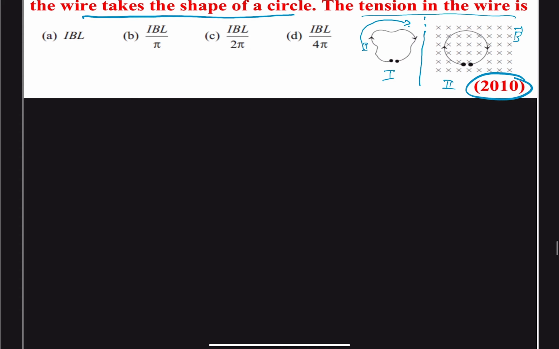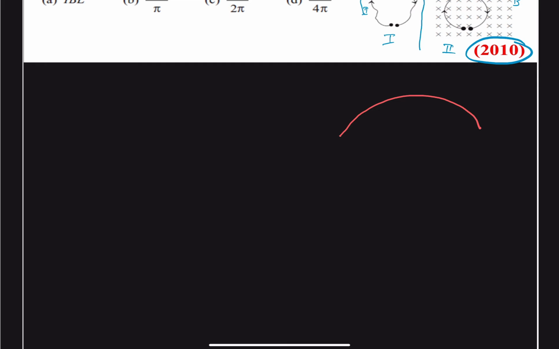So let us consider a small portion of this wire, and let us draw it like this, and we have the center of this circle because this is a part of a circle, and let us join it here.